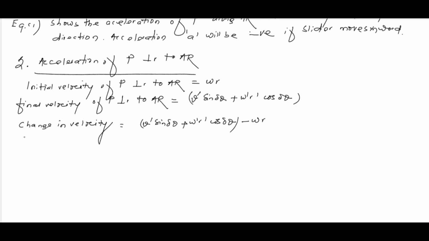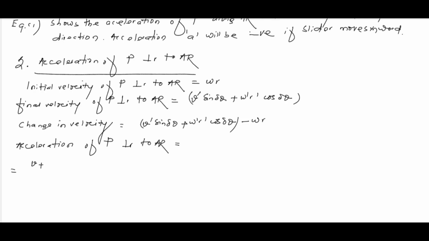Now acceleration will be how much? Acceleration of point P perpendicular to AR will be equal to, let me directly use the values of all the dash components.